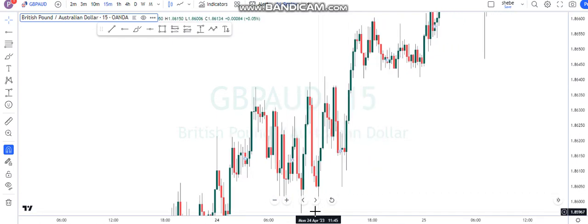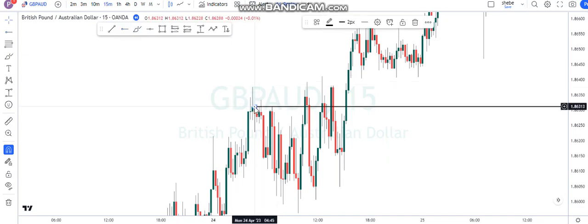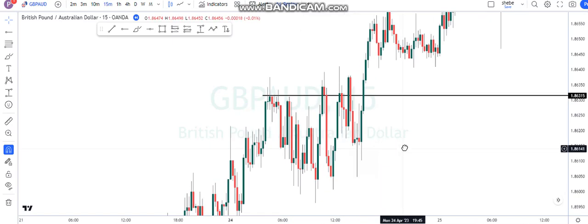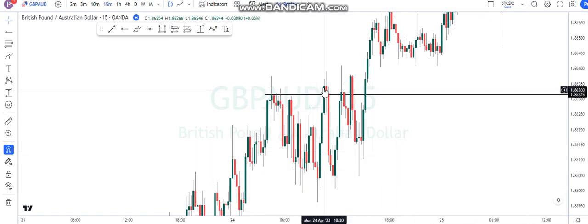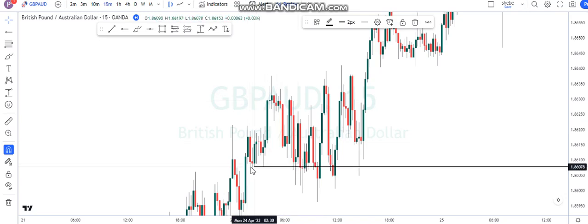But if you check afresh here, there was this break around here. Since this was high, this was low, and the break was around here. When the price came to close, it closed directly, hence making this our invalidation point on 15 minutes.